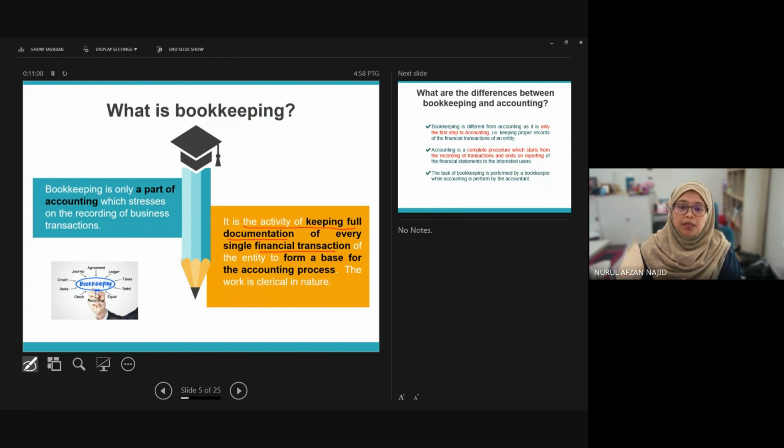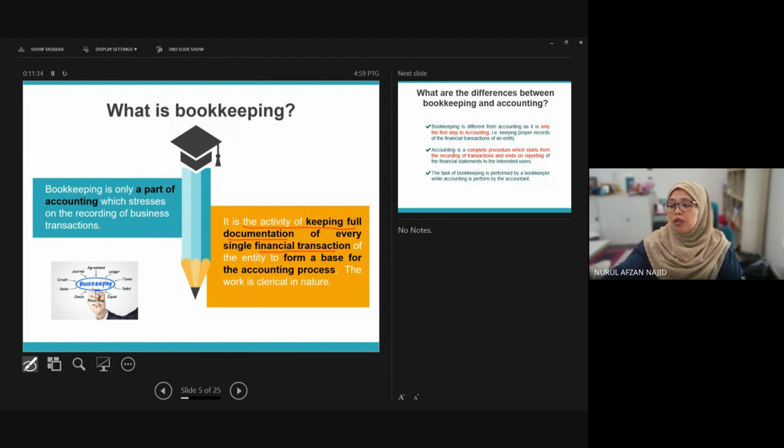So dia akan ambil satu buku, dia akan tulis apa business transaction yang berlaku dalam business dia. Macam tu. Itu yang dinamakan sebagai bookkeeping. Alright? So bookkeeping ini dibuat oleh bookkeeper, bukan accountant yang buat.